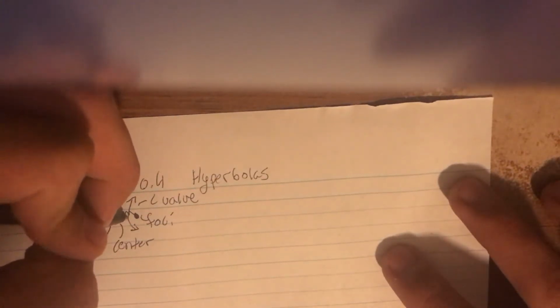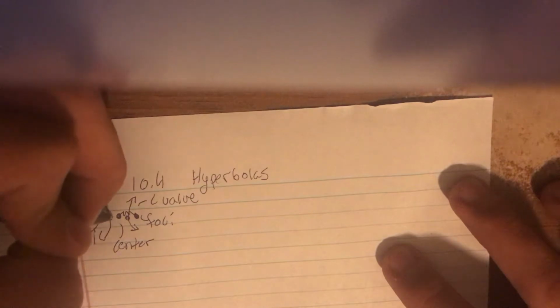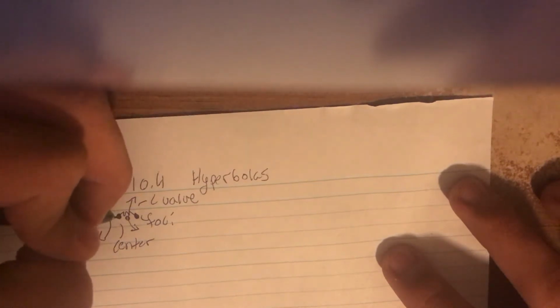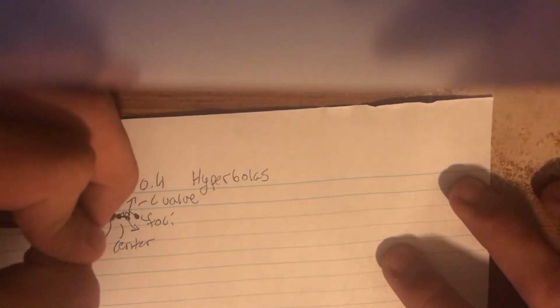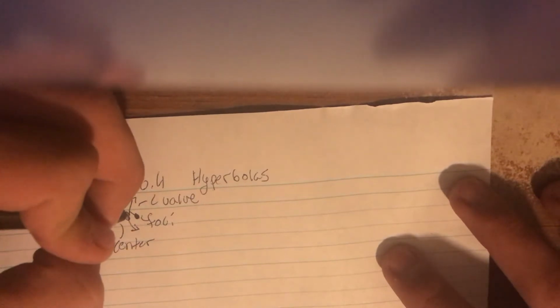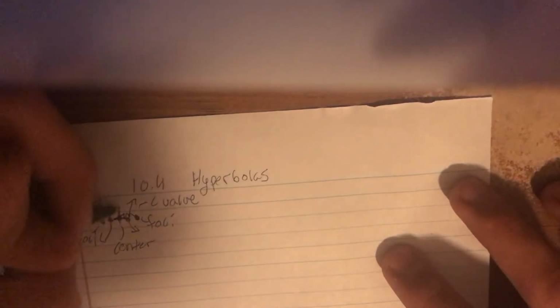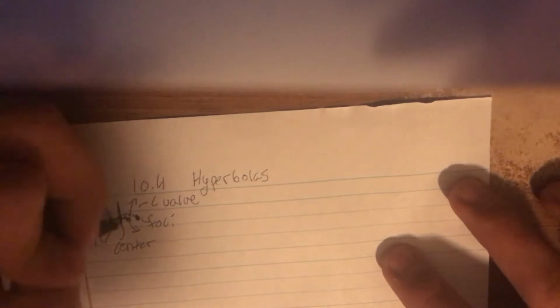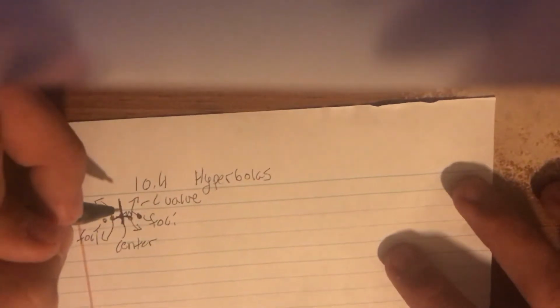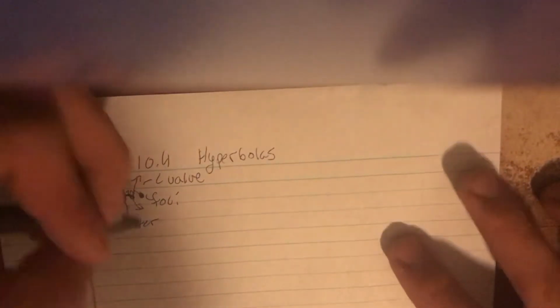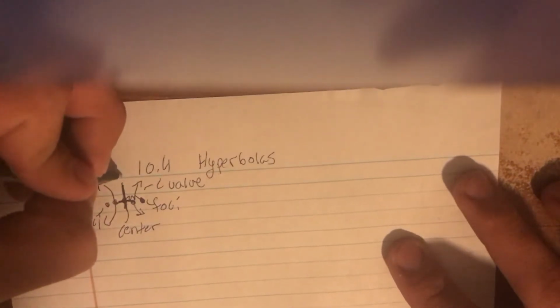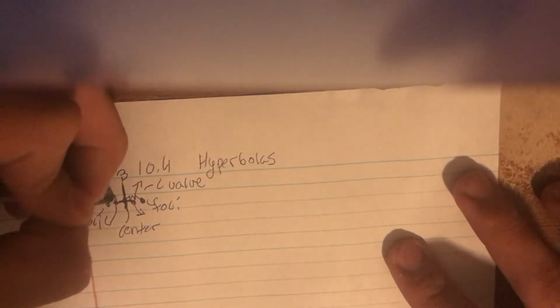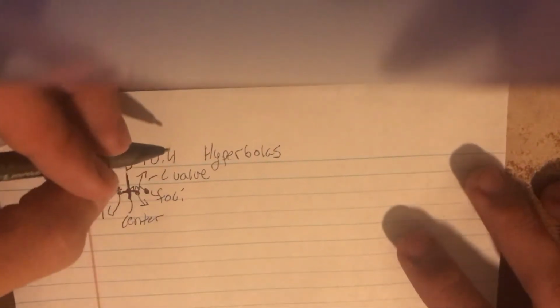So from vertice to center will be your major axis, and going in a vertical will be your minor axis. So this will be your B, and this will be your A.